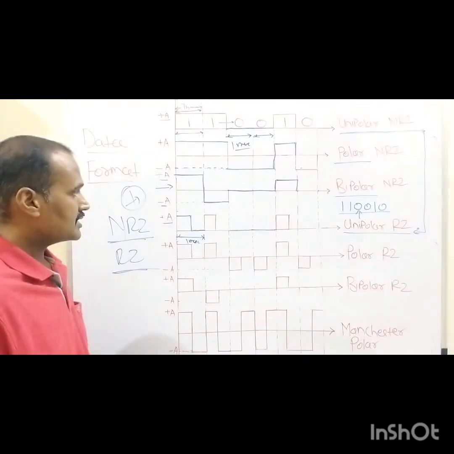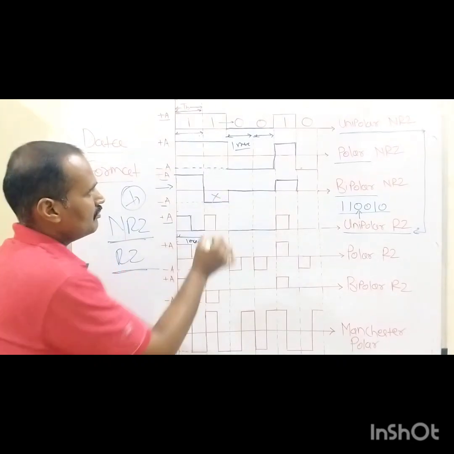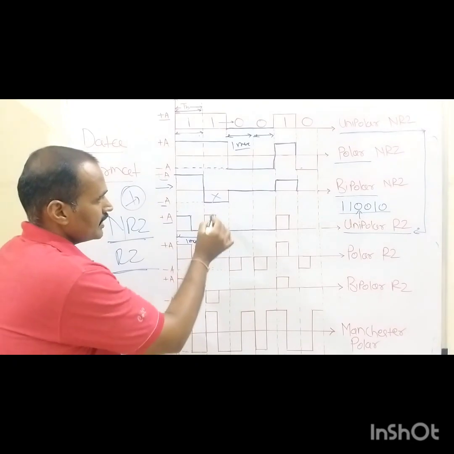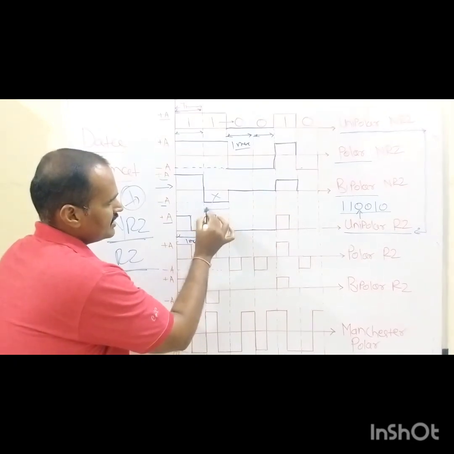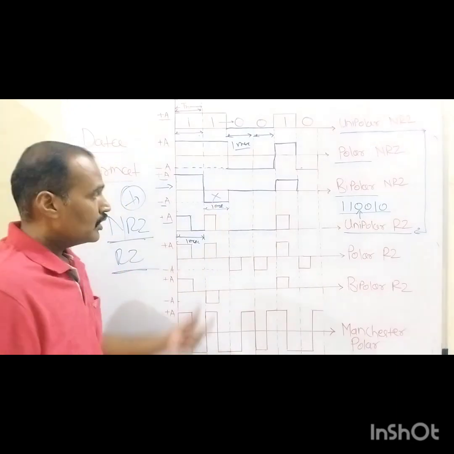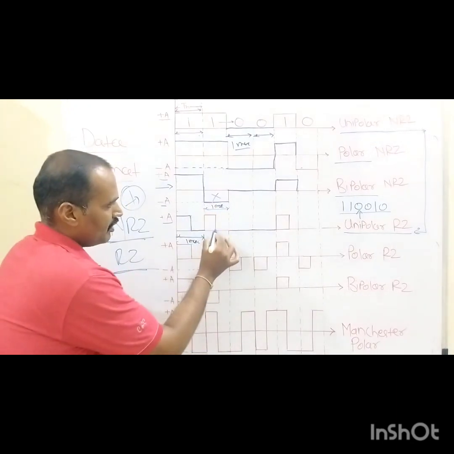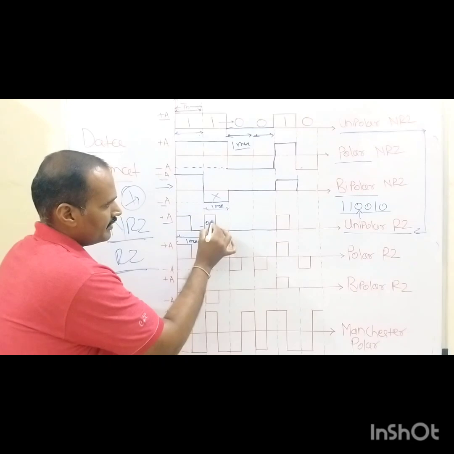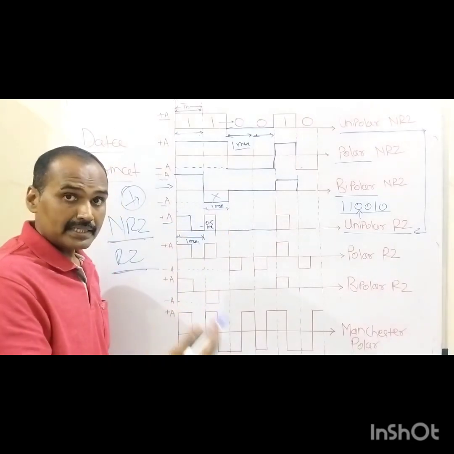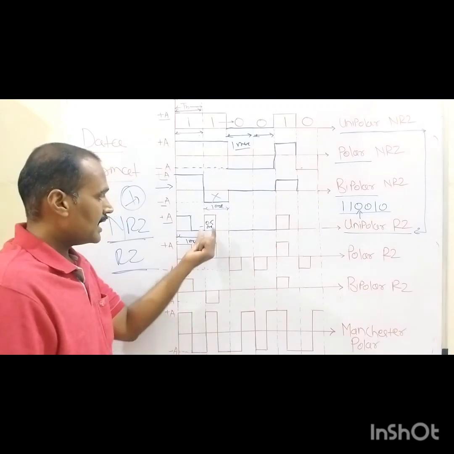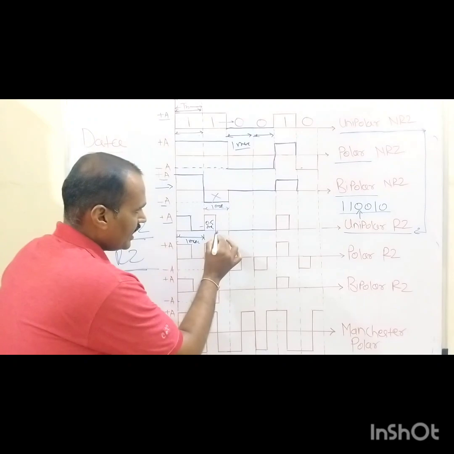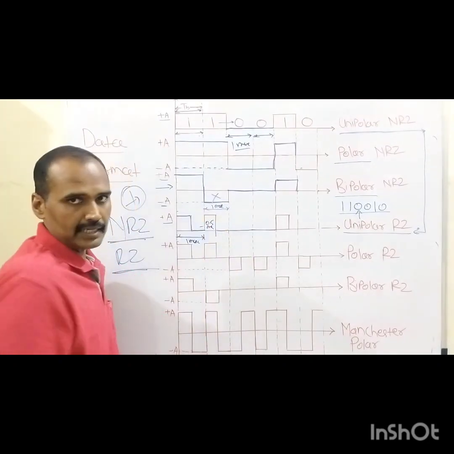One more time, carefully try to see how this second symbol, that is binary 1, is being represented. Again, in order to represent this binary 1, this is the bit duration for binary 1, which is of 1 millisecond, right? So out of this 1 millisecond, for the first 0.5 millisecond, this plus A volt is being assigned. Once this plus A volt is being assigned for the first half of this 1 millisecond, for the remaining half 0 volt is being assigned, right?